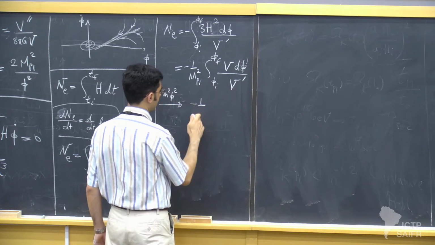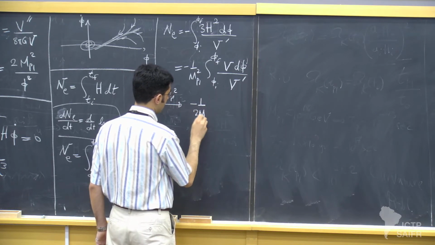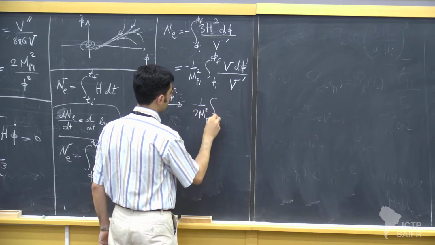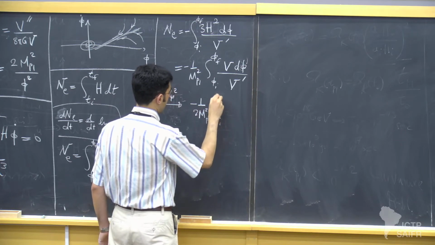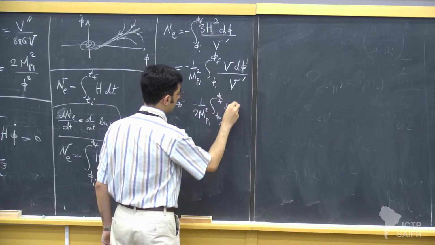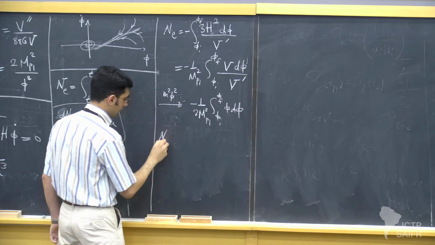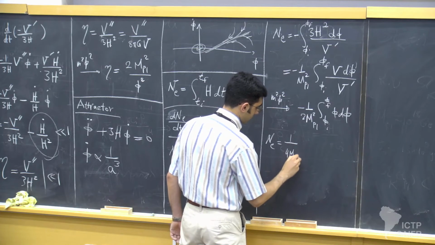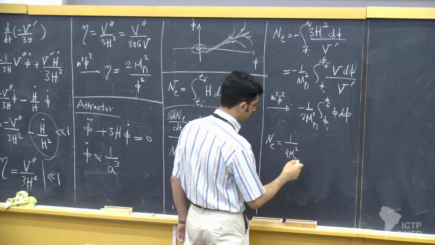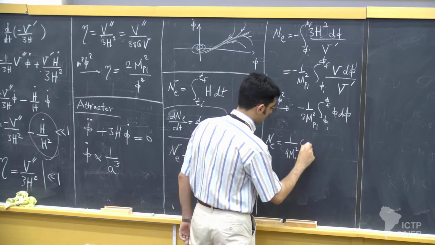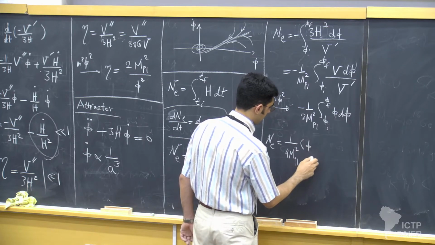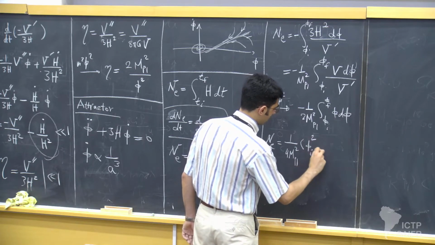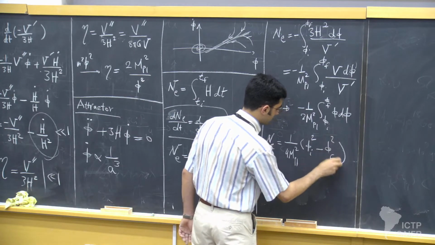So this gives us a factor of 2, 1 over 2 m Planck squared integral phi I, phi f, phi d phi. So we get N_E equals 1 over 4 m Planck squared times phi I squared minus phi f squared.